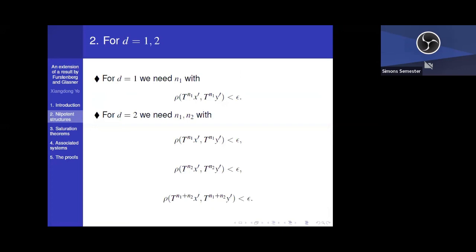For d equal to 1, you need one condition. For d equal to 2, you need 3 conditions: n1, n2, n1 plus n2.